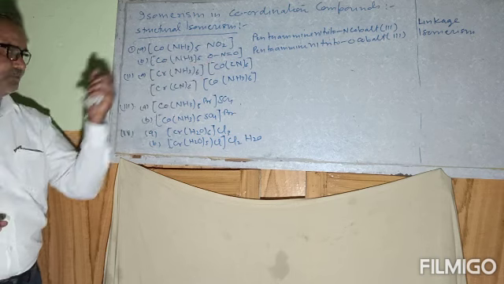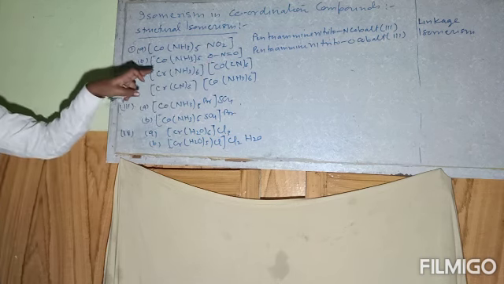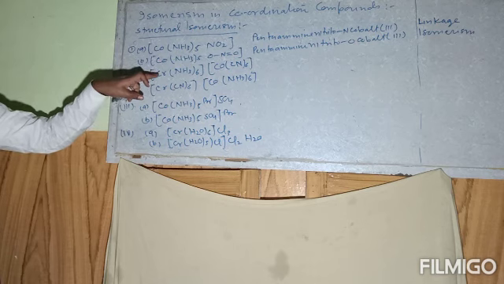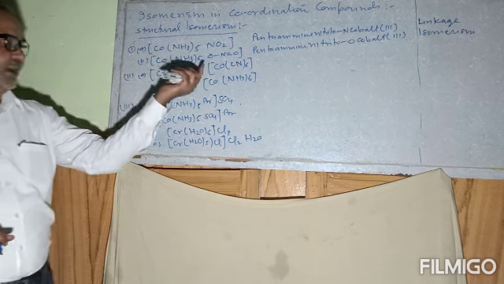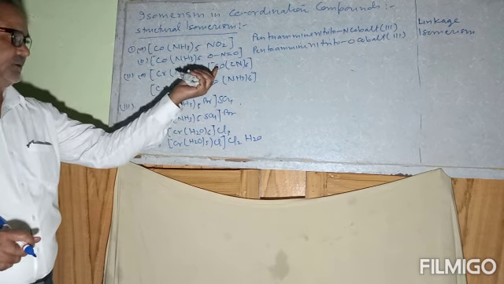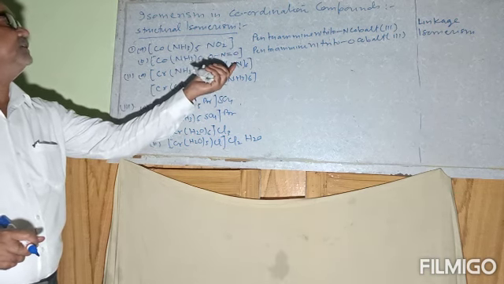Here you see, chromium has 6 coordinate bonds with nitrogen of ammonia, and cobalt has 6 coordinate bonds with cyanide ligand.